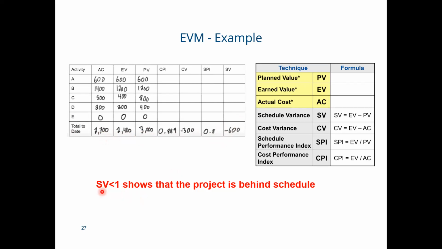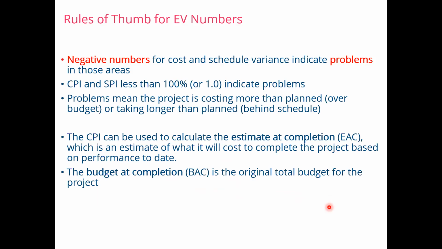So how will we write it? SV less than 0 shows that the project is behind schedule. But if your SV is a positive number, then your comment is that a positive schedule variance means that the work took less time than the planned time. But in our case, it is negative, so we are writing that the project is behind schedule.